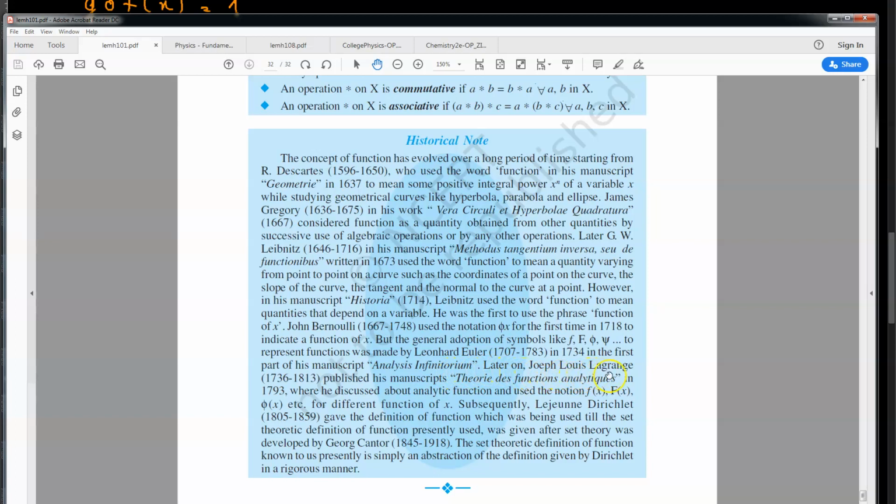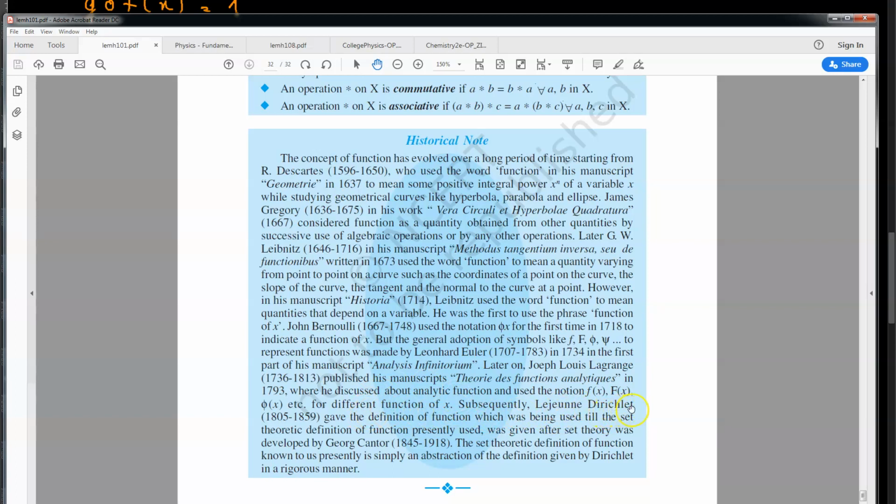Later on, Joseph Louis Lagrange, 1736 to 1813, published his manuscript Theorie des Fonctions Analytiques in 1793, where he discussed analytic functions and used the notation f of x or phi of x, etc. for different functions of x.